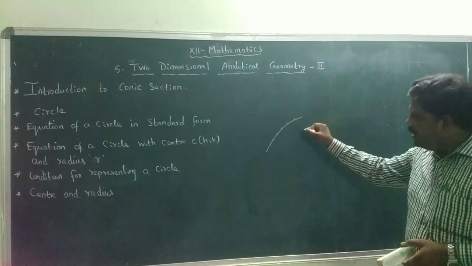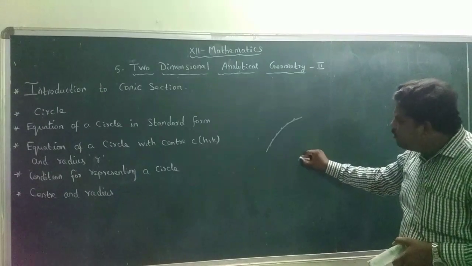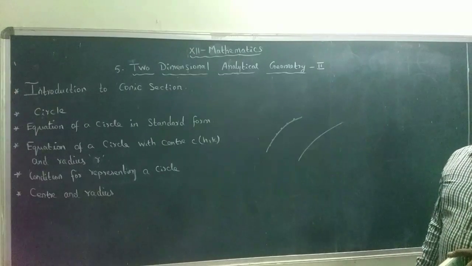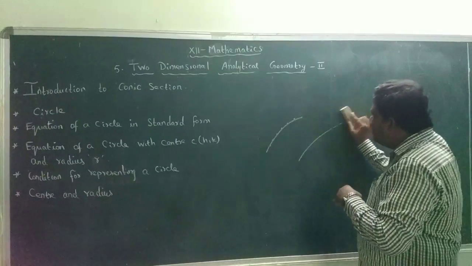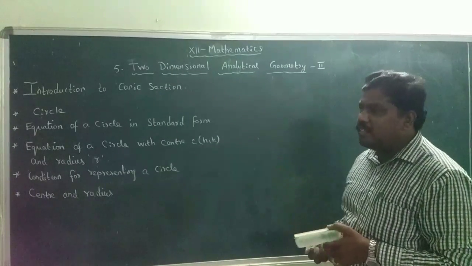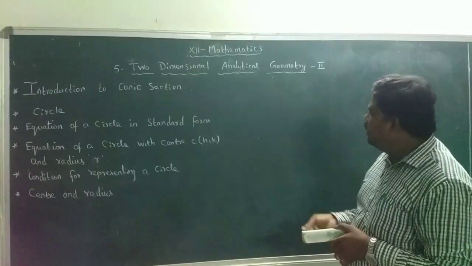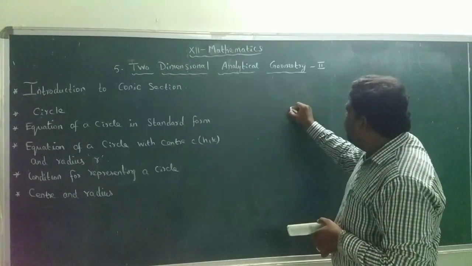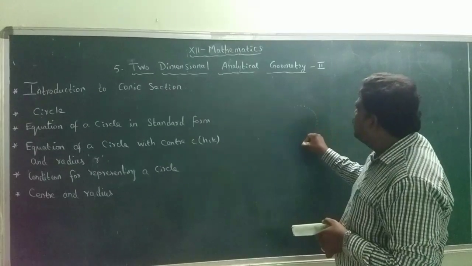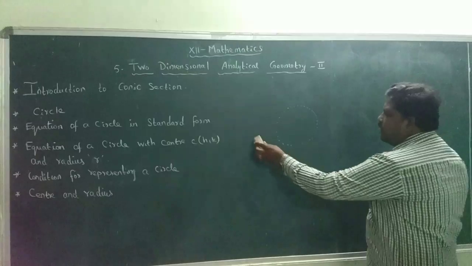Based on a condition, if a point moves and if you trace the moving point, that tracing is known as locus. Here, how can I get the locus of a circle? The locus of a circle is nothing but the path traced by a point moving at a fixed distance from a fixed point. They say this is a circle.